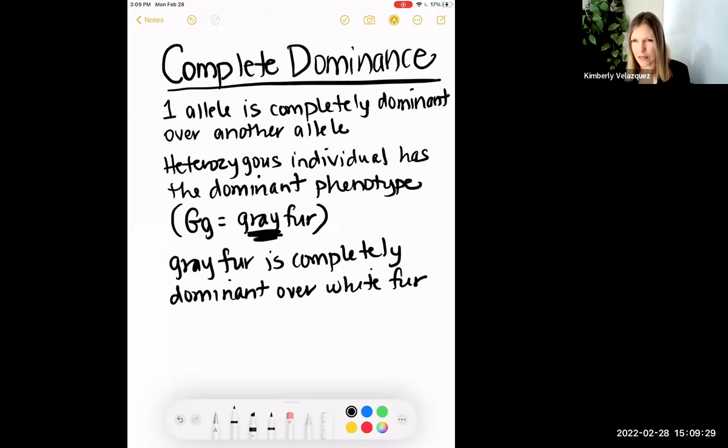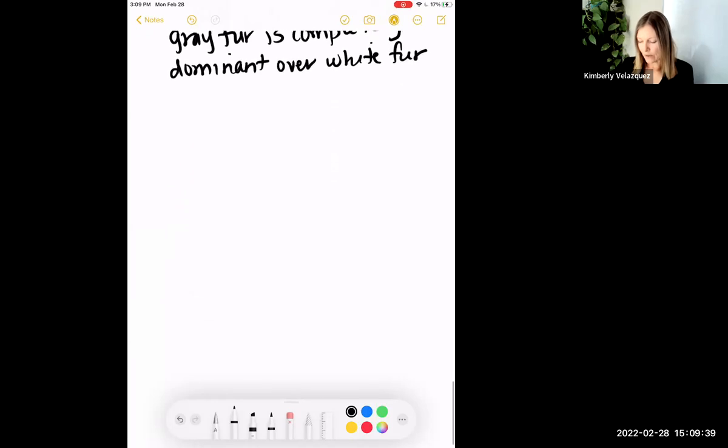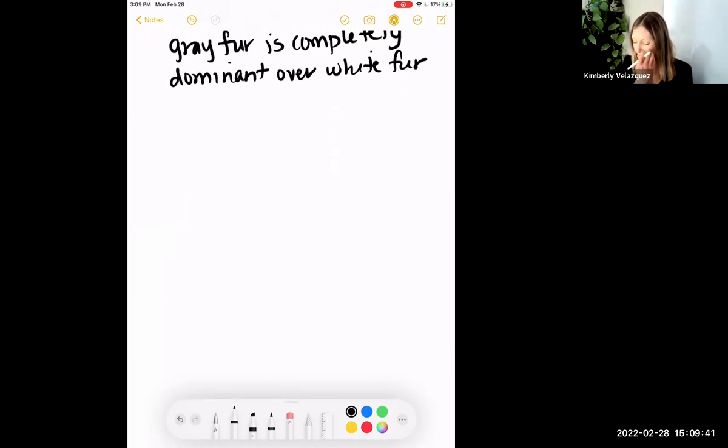Let's now take it a step further and talk about complete dominance with respect to genetic disorders. The way that these are inherited through complete dominance, I'm going to use cystic fibrosis as our example.